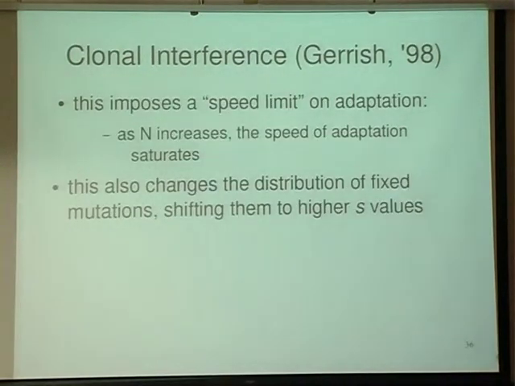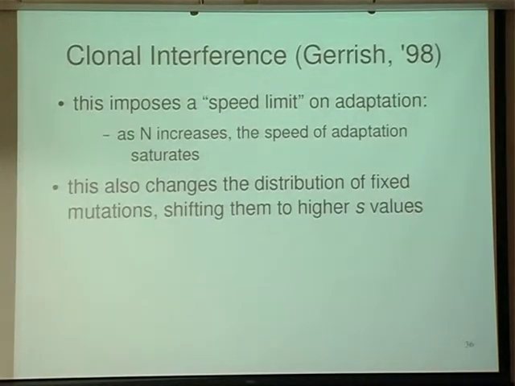But the interesting implication of this is that there's some kind of speed limit on adaptation. In the absence of clonal interference, you might expect that if you increase the population size, you're accessing more and more beneficial mutations, so you can get really big beneficial mutations, and they'll just fix, and adaptation will get faster and faster. It should just keep growing. But there's a speed limit imposed by clonal interference, and this, I think, was a really nice insight.